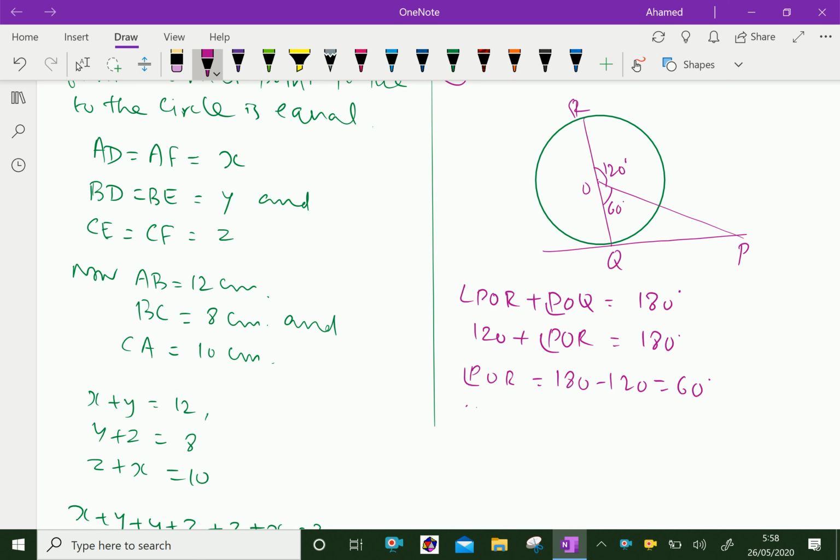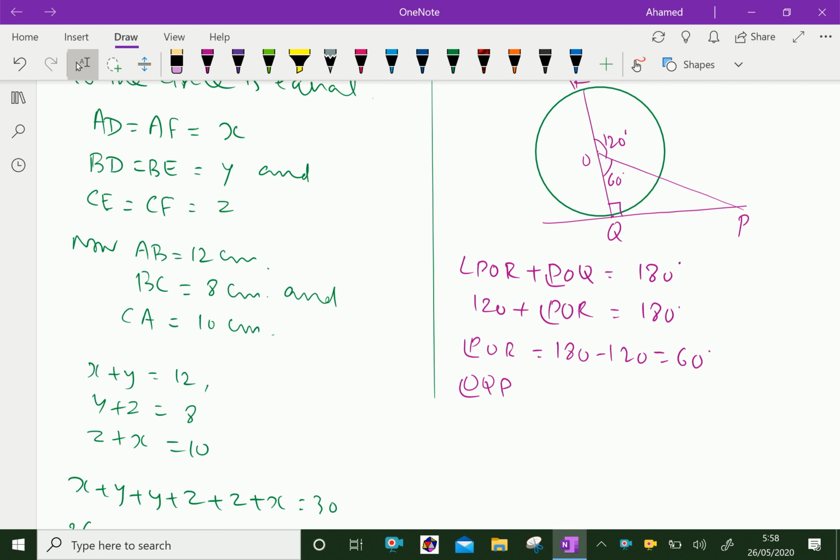Now angle OQP must be 90 degrees because tangent and radius meet at 90 degrees.